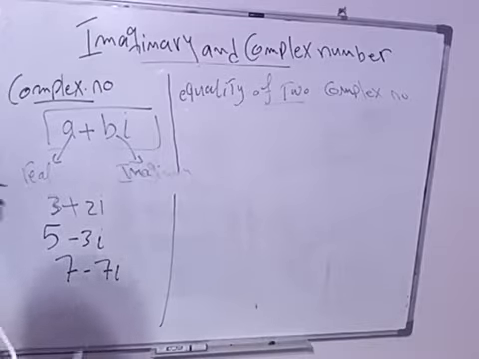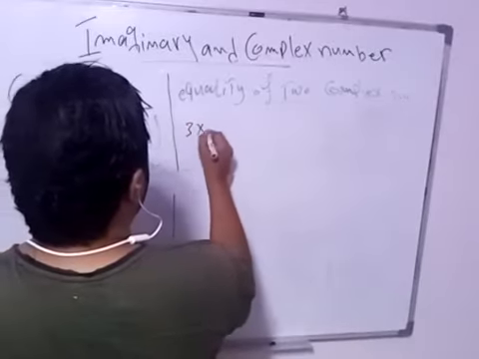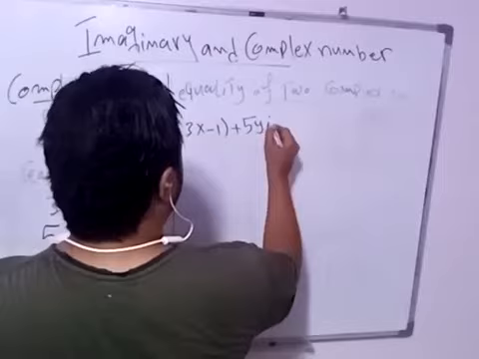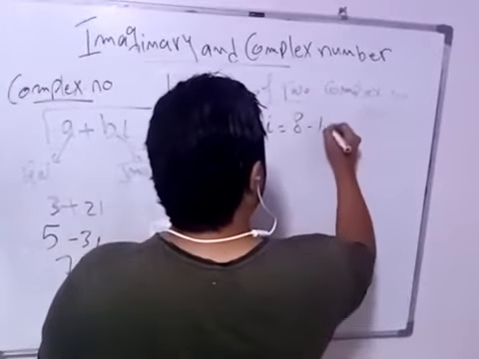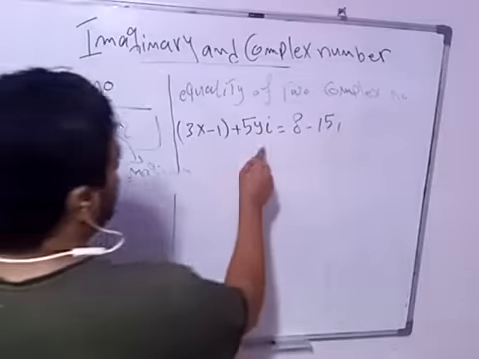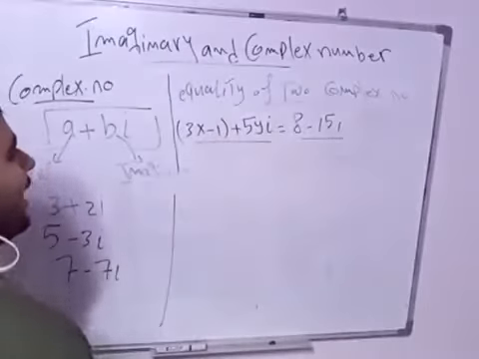In this example, I have 3x minus 1 plus 5yi equal 8 minus 15i. This is one complex number and the other complex number. I have two complex numbers.